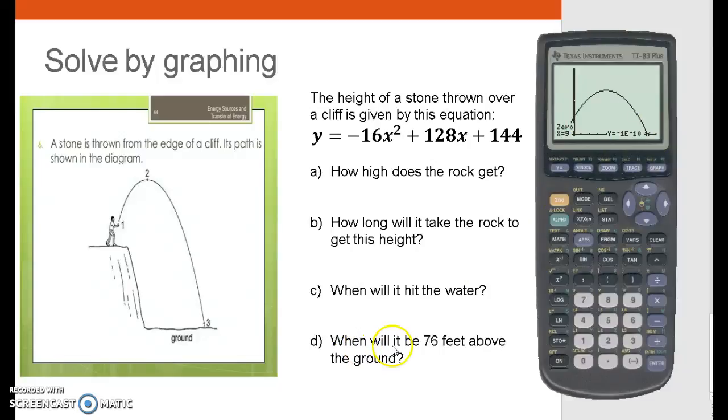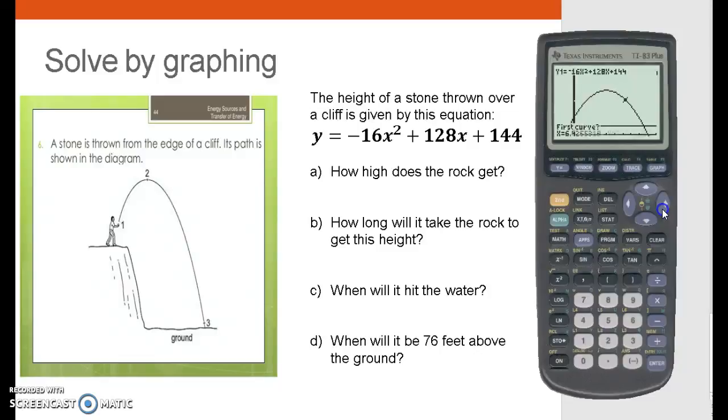And the last question, when will it be 76 feet above the ground? Well, in order to do this problem, we're going to have to type in a second equation. We're going to type in another equation, y equals 76, and graph it. It's going to be 76 feet right here. And so now I'm going to go to second, calculate. I'm going to scroll down to intersect, and I'm going to move my cursor close to this intersection point.